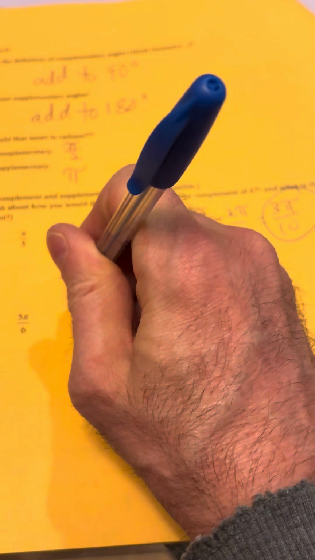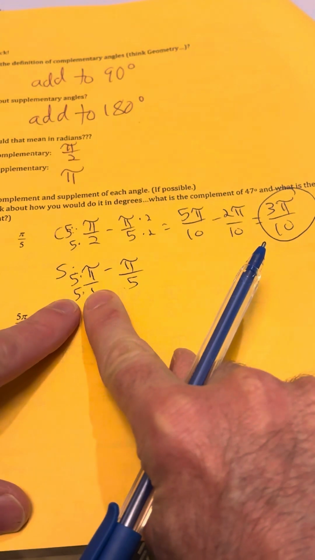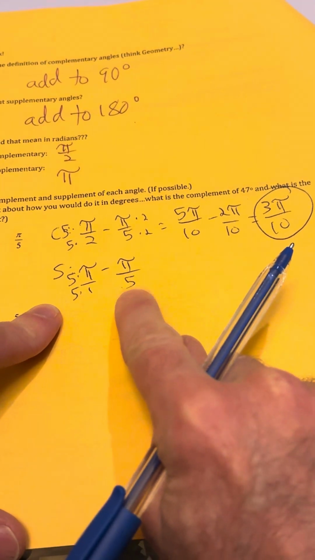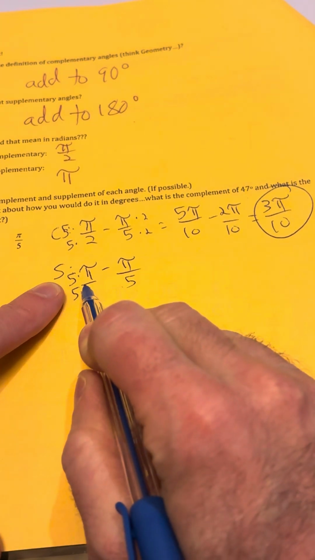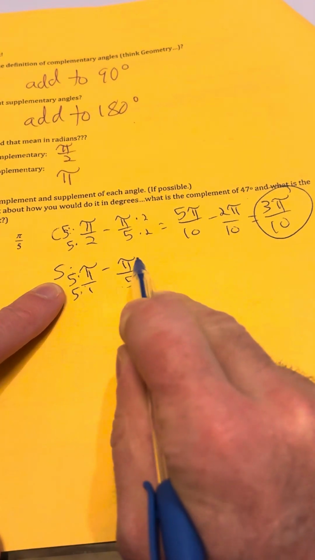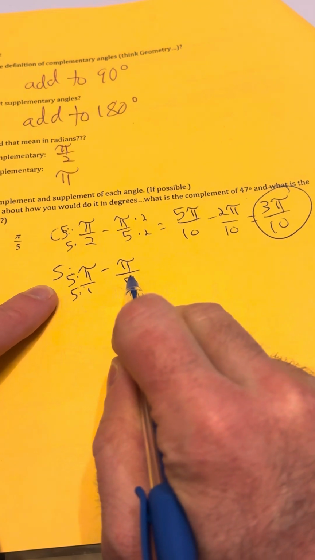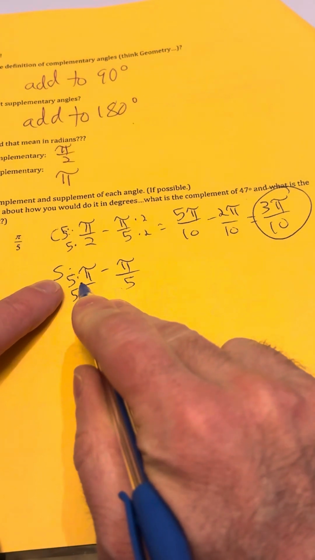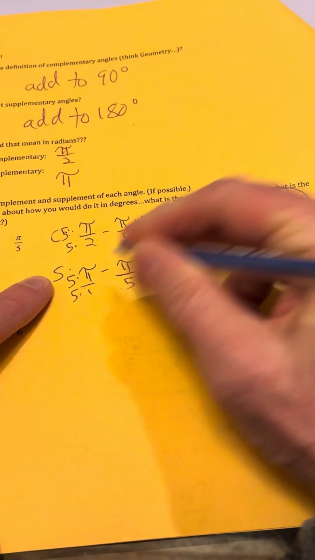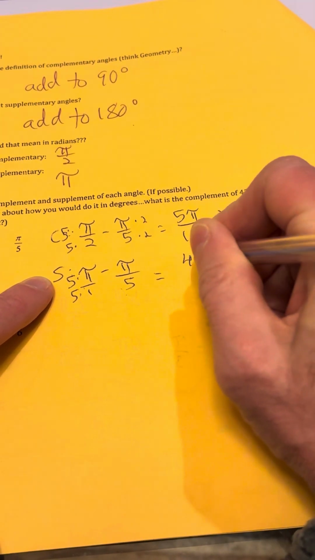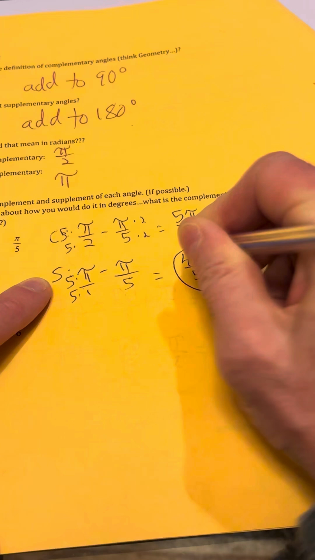We only have to worry about a common denominator for pi, since pi over 5 already has that. So 5 pi over 5 minus pi over 5, the supplement of pi over 5 is 4 pi over 5.